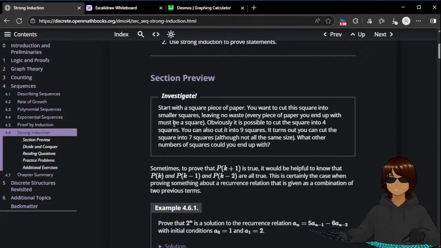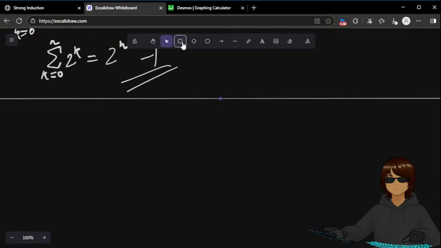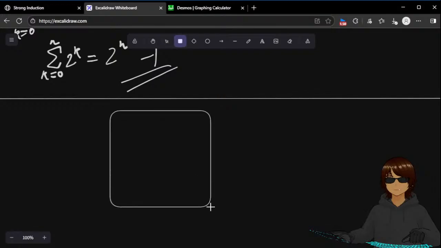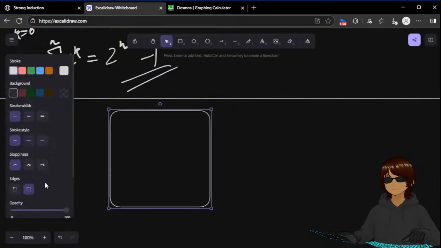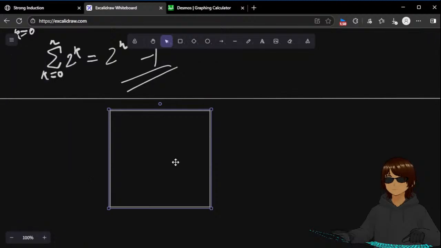Square, you want to cut this into smaller squares, leaving no waste. Cut this into 4, and cut this into 9. How do we cut this into 7? Yeah, how do we cut this into 7?